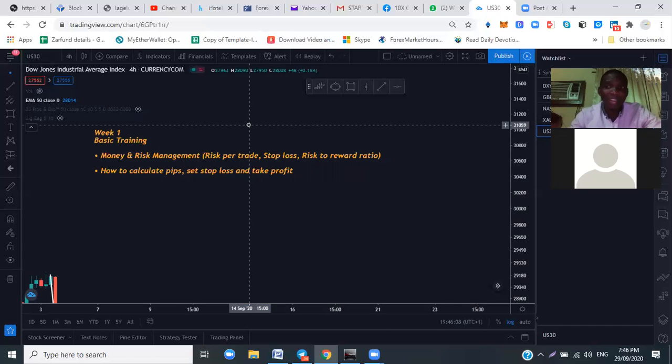Even when you are sure that a trade is going to go well, there is still a way to set your lot size in such a way as to give your trade room to breathe while you put to use the right money management and risk management principles.